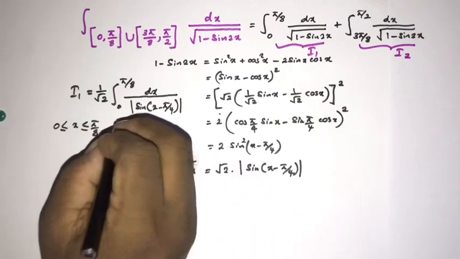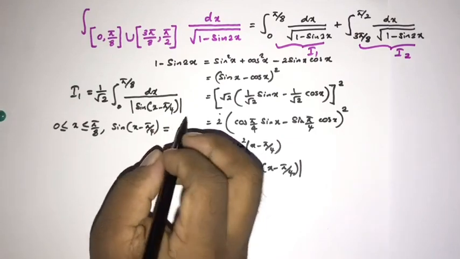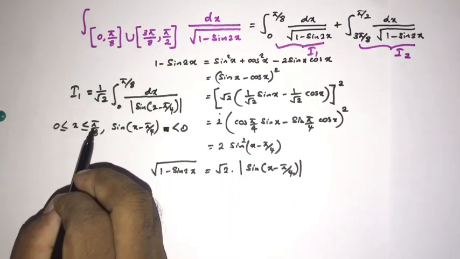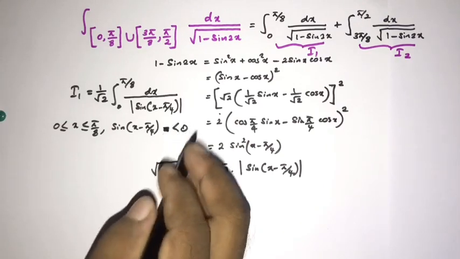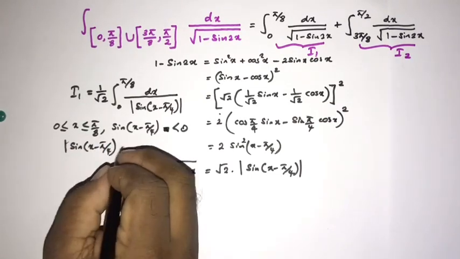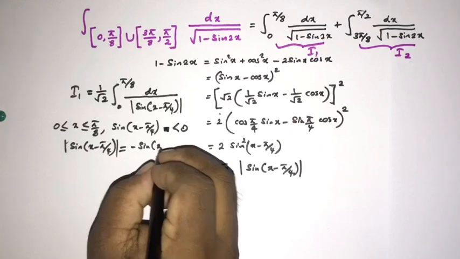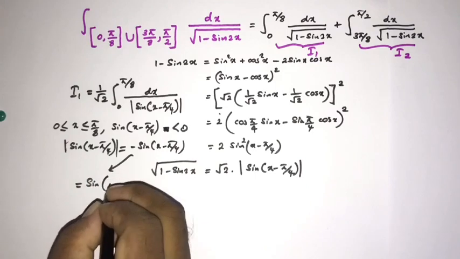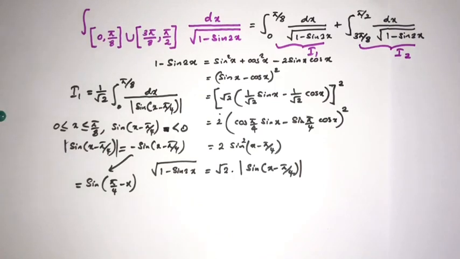Now we consider sine of (x minus π/4). We know this is lower than 0 in this range, between 0 and 5π/8. Therefore the absolute value of sine of (x minus π/4) is minus sine of (x minus π/4), which is equal to sine of (π/4 minus x).